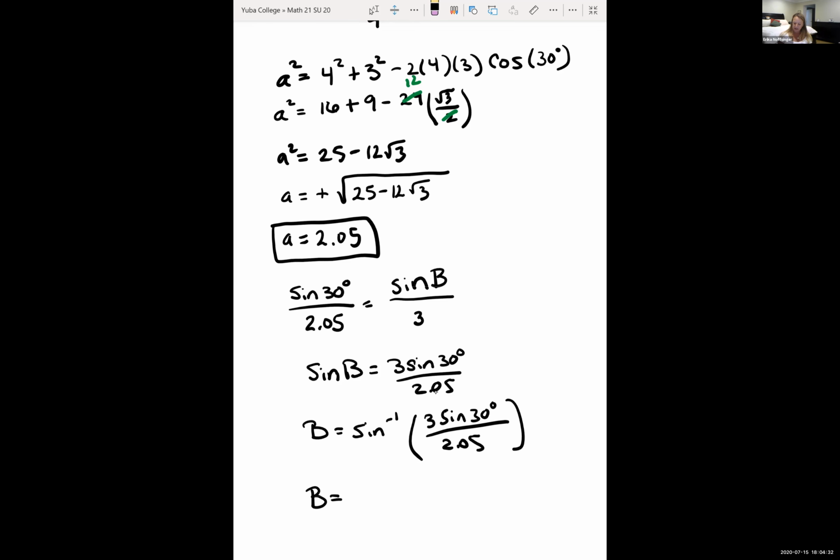Sine of 30 is 1/2, so 0.5 times 3 is 1.5, divided by 2.05. This gives us sine inverse of about 0.73, which gives us about 47.03.